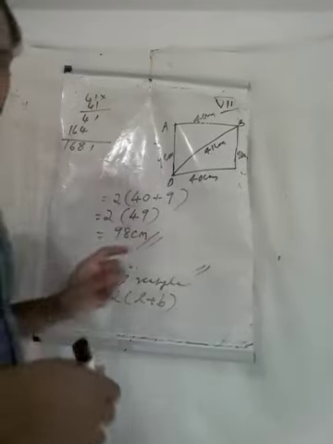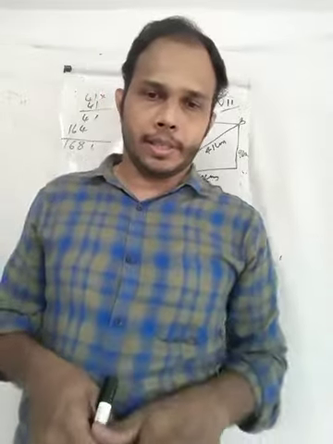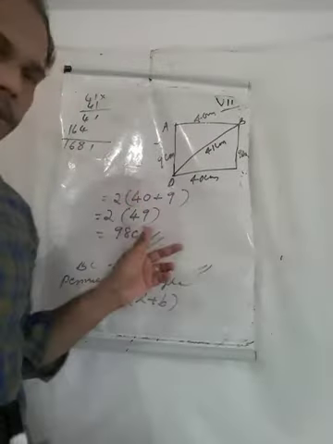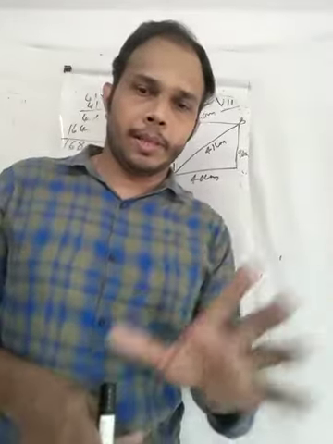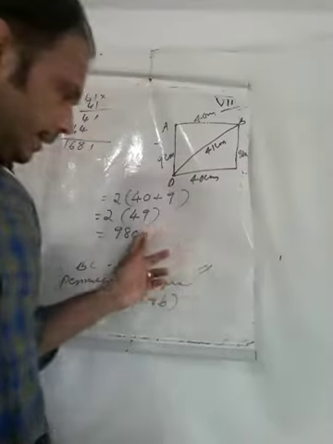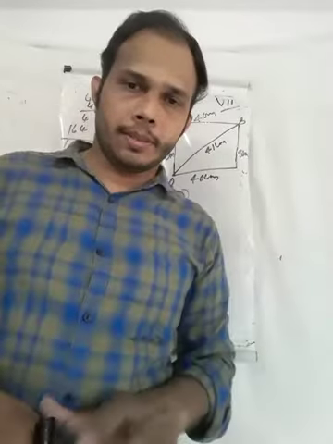Yes, the perimeter of the rectangle is 98 centimeter. How did we get this?